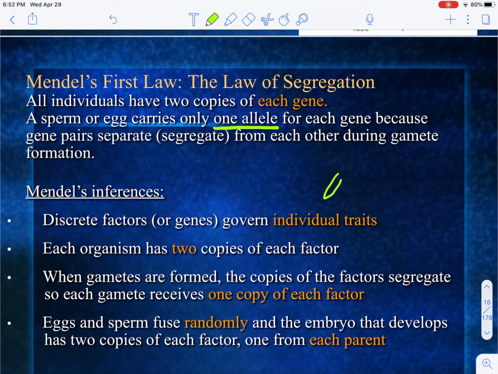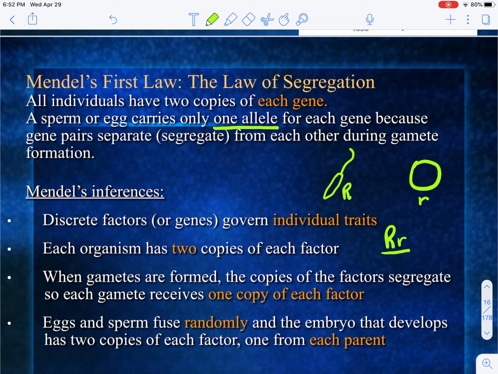And so a sperm and egg would only have one copy of that gene. And so if the sperm has just, for example, the round allele, the egg, depending which one it has, because it only has one of each, it's a haploid cell, that egg may carry the wrinkled.